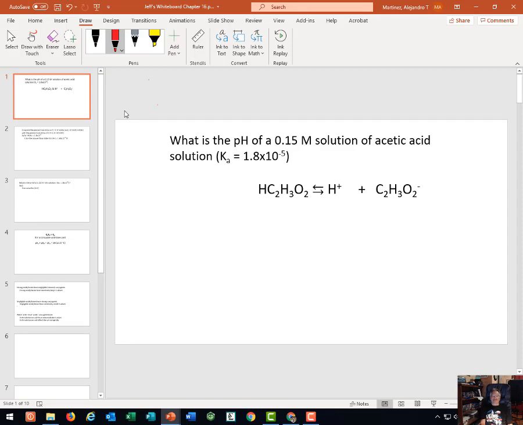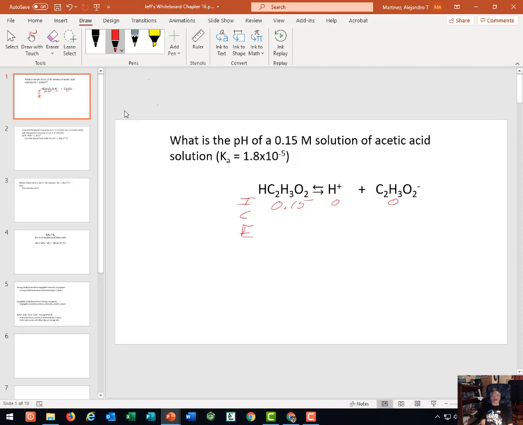Here's our weak acid, our acetic acid, and so here's the way this is going to go. This is going to be ICE. We know that this is a 0.15 molar solution. The hydrogen ion concentration, it's actually not totally zero.